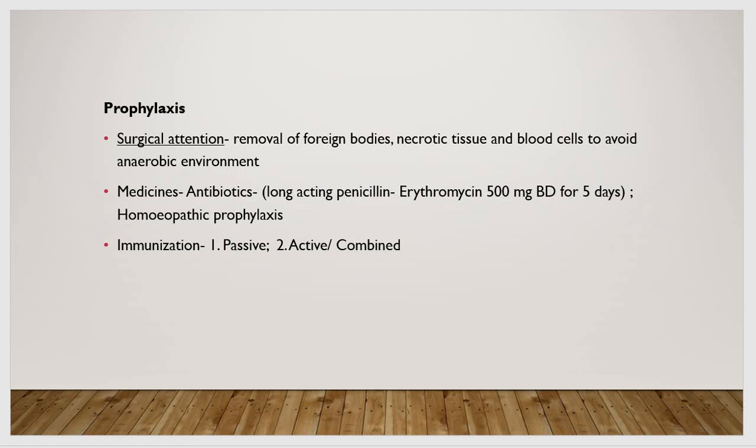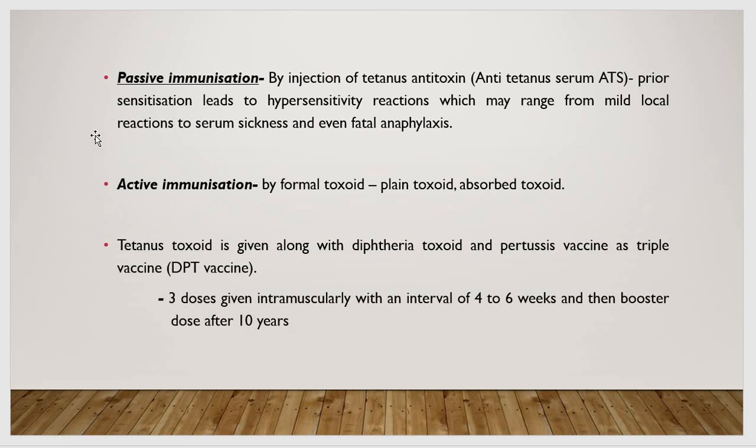Then immunization is done for tetanus, active and passive. Briefly about this, what is passive immunization? This is done by injection of tetanus antitoxin, anti-tetanus serum ATS. Prior sensitization leads to hypersensitivity reactions, which may range from mild local reactions to serum sickness and even fatal anaphylaxis.